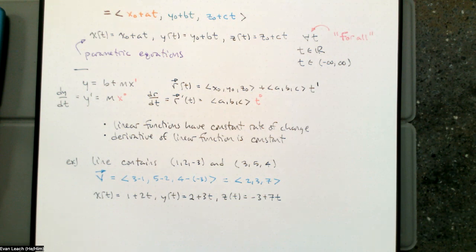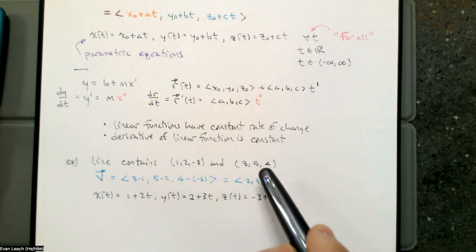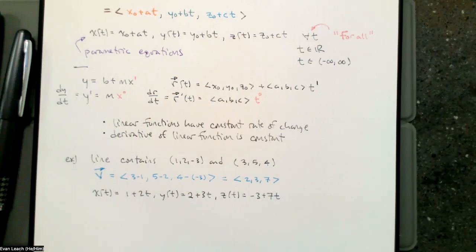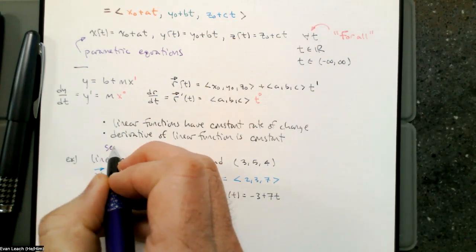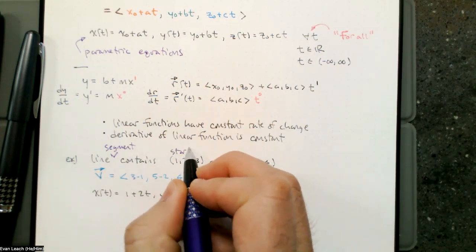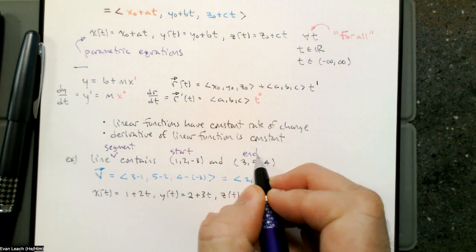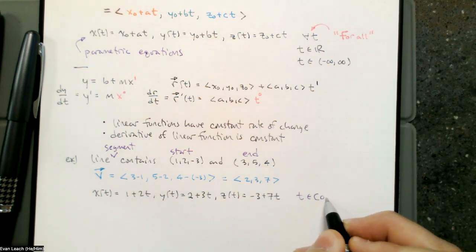If I want the line segment that starts at this point 1, 2, -3 and ends at 3, 5, 4, I will say just do this for t from 0 to 1.